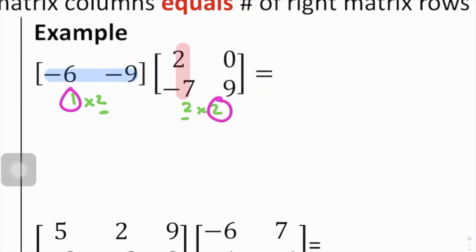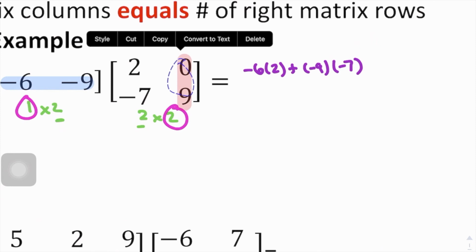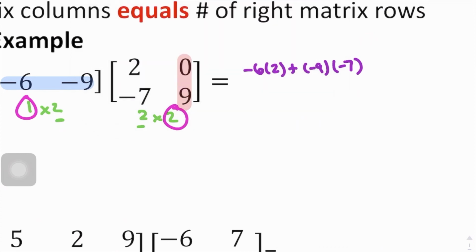So -6 times 2 plus -9 times -7. And then I'm going to move over to the next column for the next entry. So this is going to be -6 times 0 plus -9 times 9.